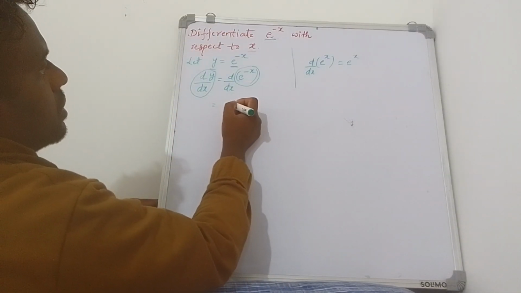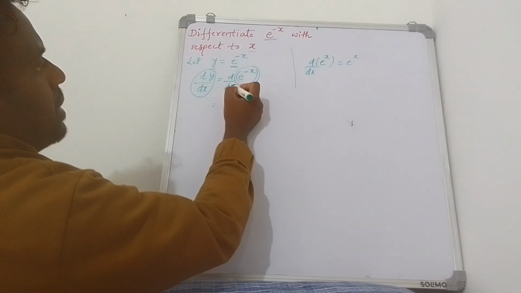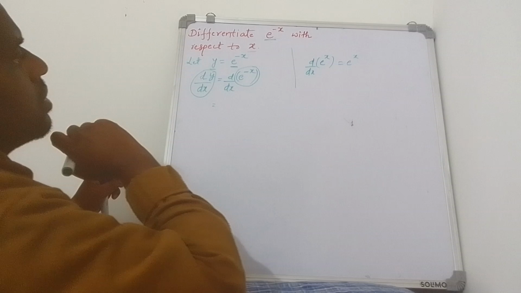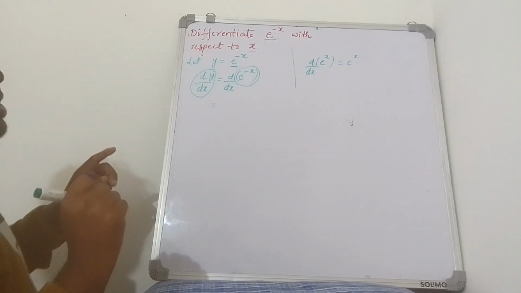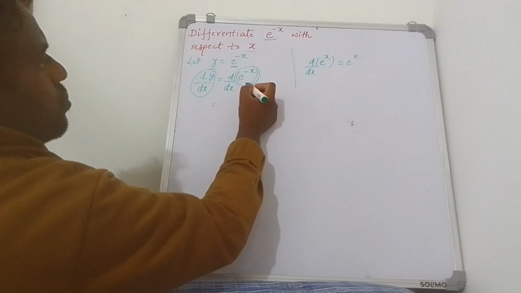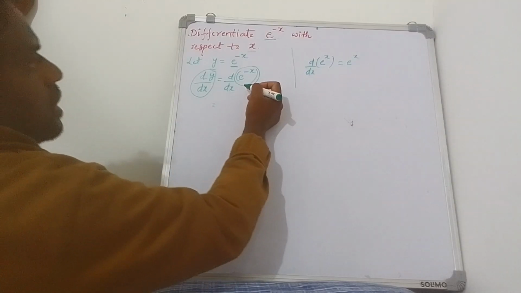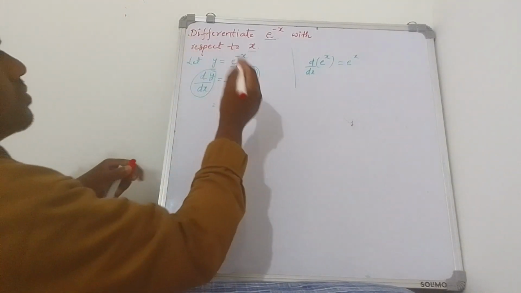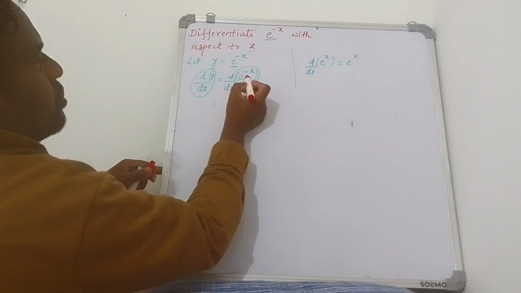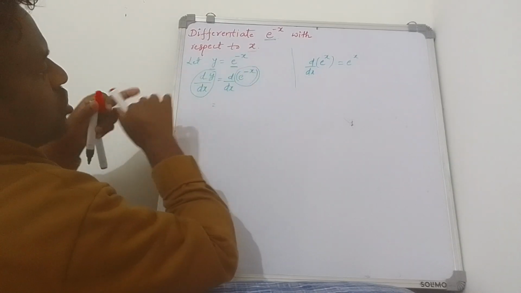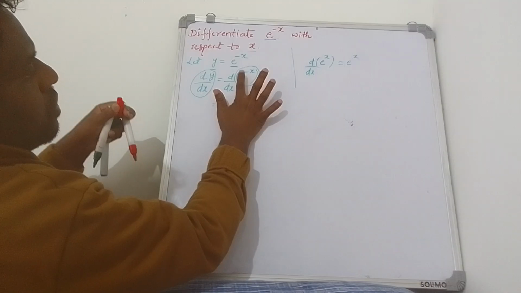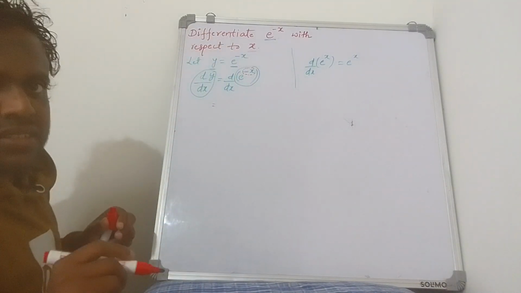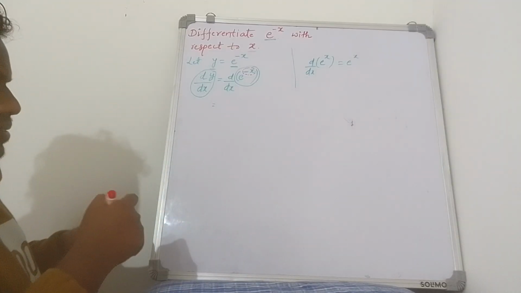So that time d by dx of, yeah, it's correct. So we have to consider one function, and this another part is there, no? If you just forget about this e, we have another part here, minus x. That is another function.